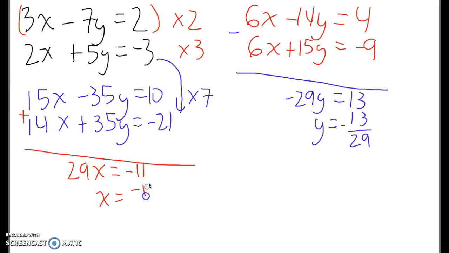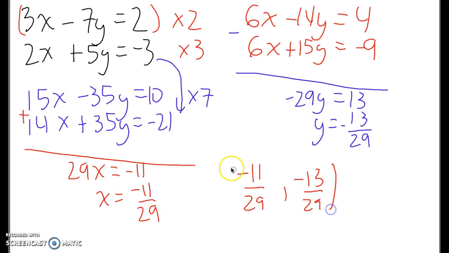Therefore, x equals negative 11/29ths. Now notice I couldn't avoid the fraction. My final answer is negative 11/29ths and negative 13/29ths. But I didn't have to substitute that value into one of these original equations and then solve all of those fractions to get the value for x. It's just a little bit easier way to solve it if your system of equations is complicated.